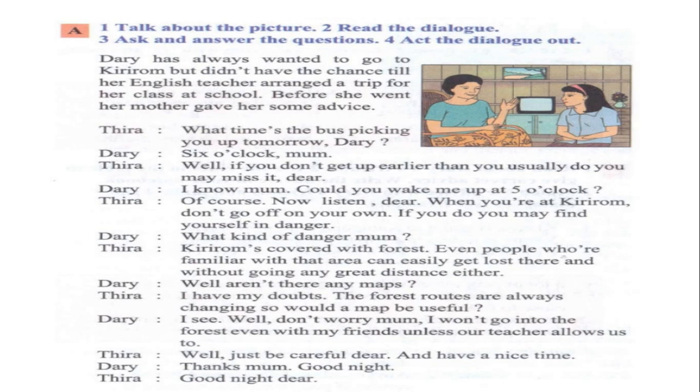Fourth, act the dialogue out. For the first, you look at the picture. Who can you see in the picture? You can see two people, Tira and Dari. Tira is the mom of Dari, and Dari is the daughter of Tira.